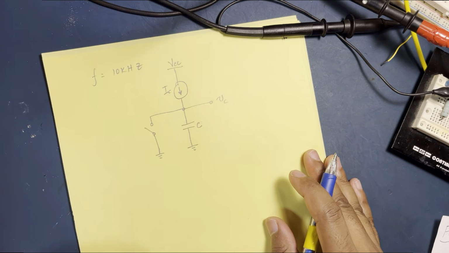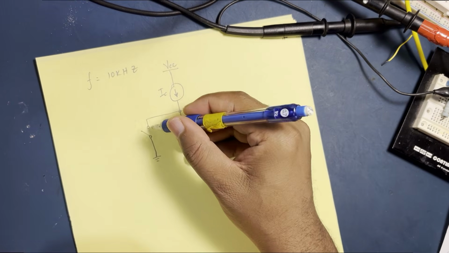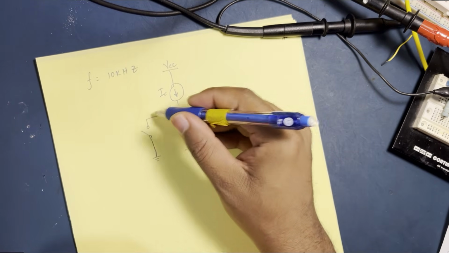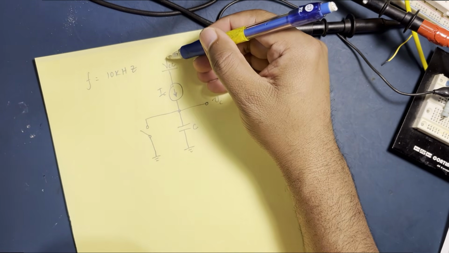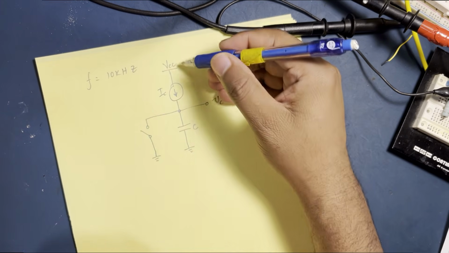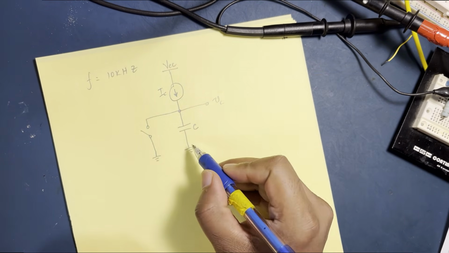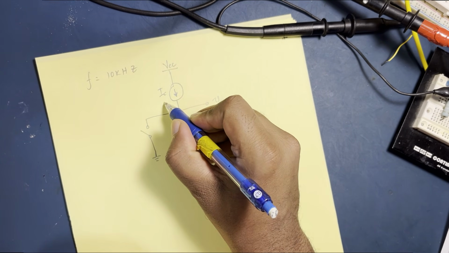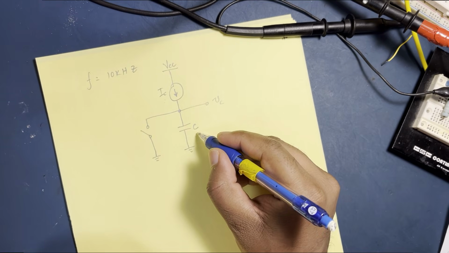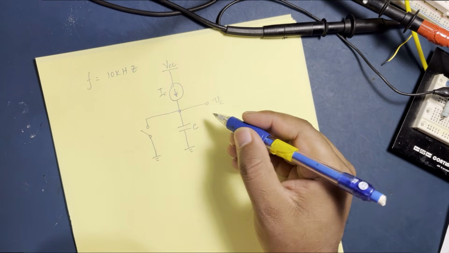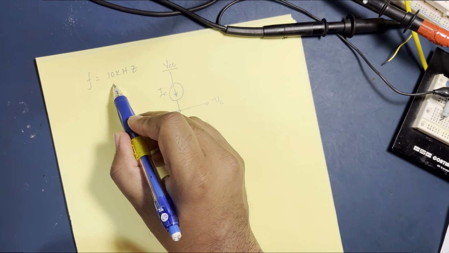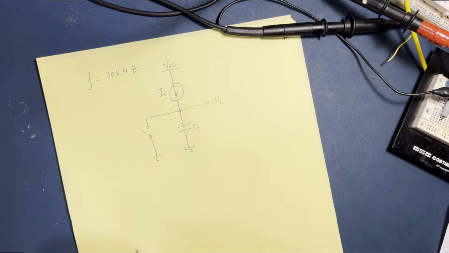Now we've got a value of C here. We'll talk about how to implement the switch in a second, but now let's talk strictly about how we're going to devise a particular current IC and a particular capacitance value C that is going to give us a frequency of 10 kilohertz. How are we going to do it?